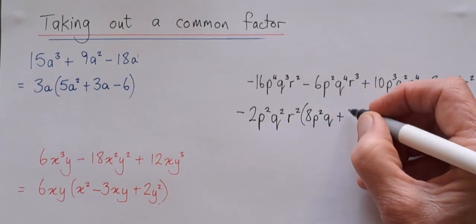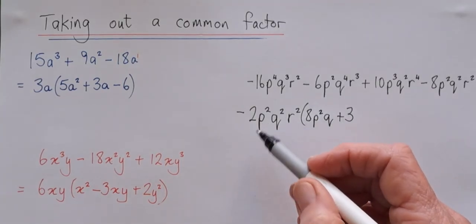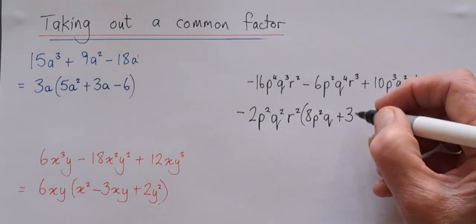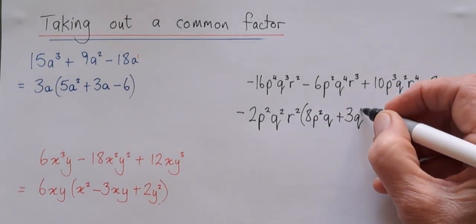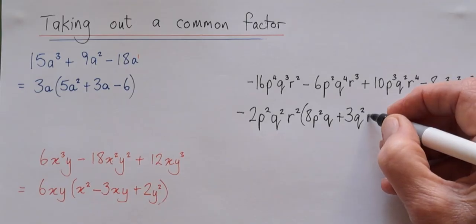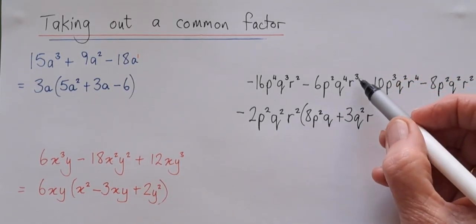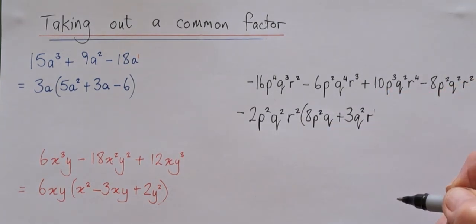A negative divided by a negative is positive. 6 divided by 2 is 3. P squared divided by p squared, they cancel out. Q to the 4 divided by q squared is going to give me q to the 4 minus 2, which is 2. And r cubed divided by r squared is going to give me r to the 3 minus 2, which is 1.